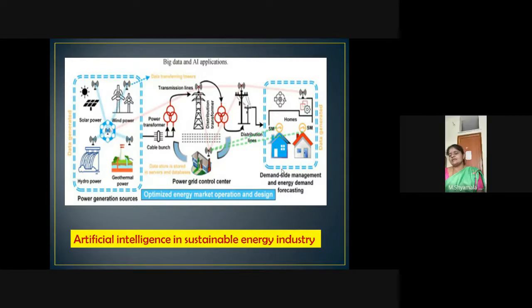So nowadays, there are many ways of generating electricity available. What we are doing is combining all the generated electricity and transferring it through transmission lines, so we require a big data analysis concept.